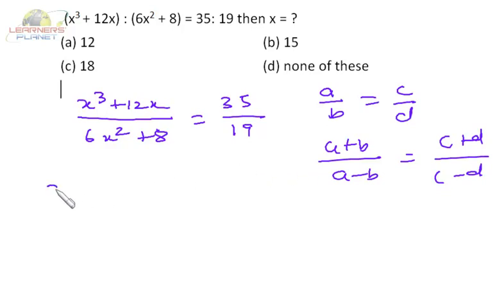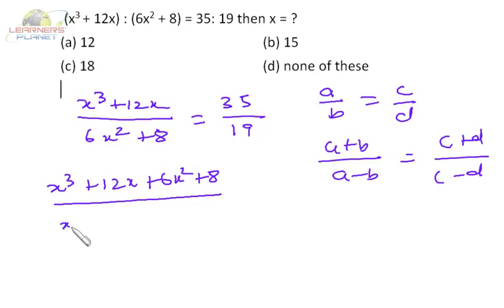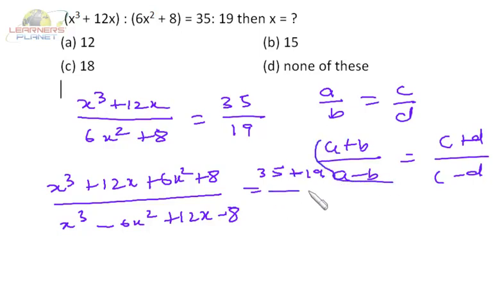So it's (x cube plus 12x plus 6x square plus 8) upon (x cube minus 6x square plus 12x minus 8) is equal to (35 plus 19) over (35 minus 19).